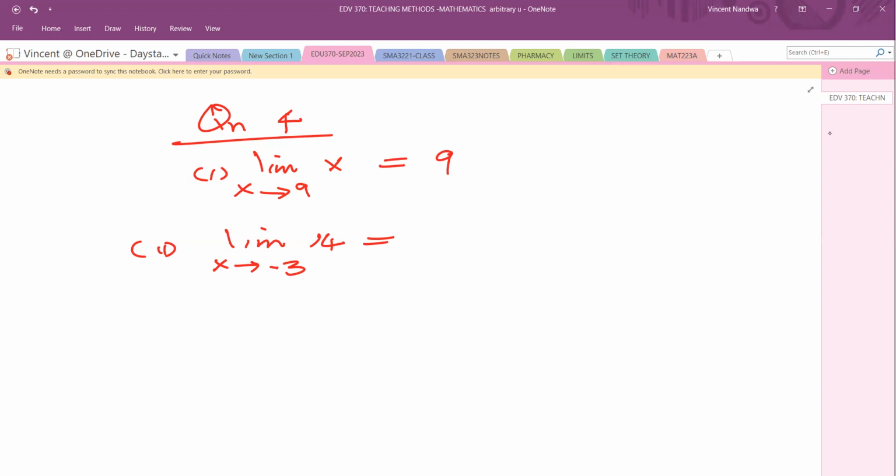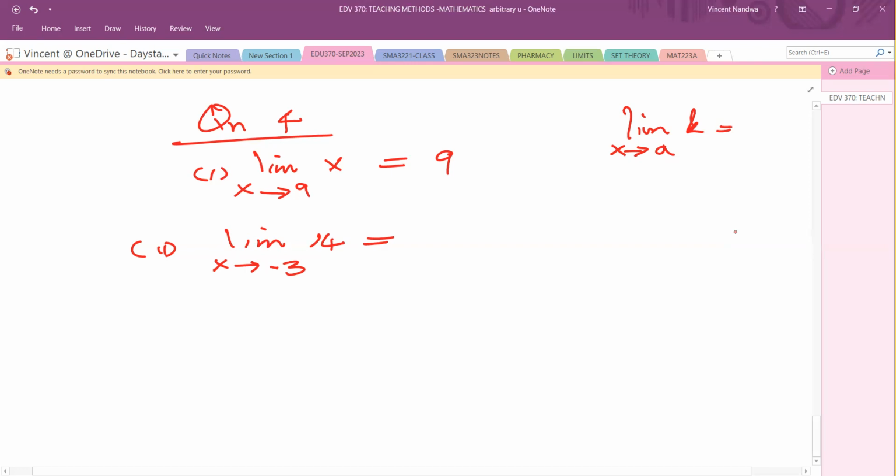We say that the limit as x approaches a of k is given by? That's a constant multiple if there's an x. But here it is the limit of k.